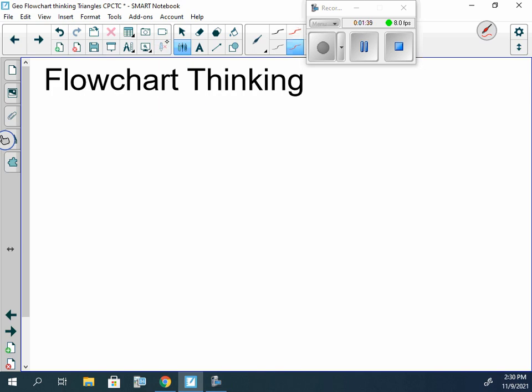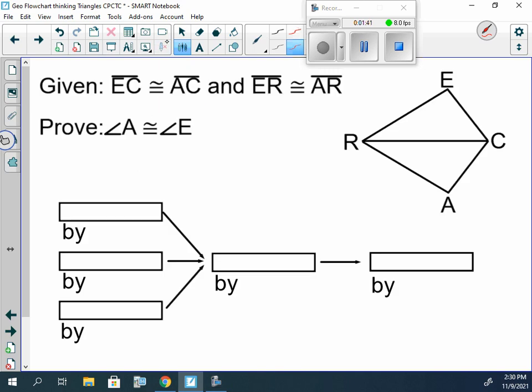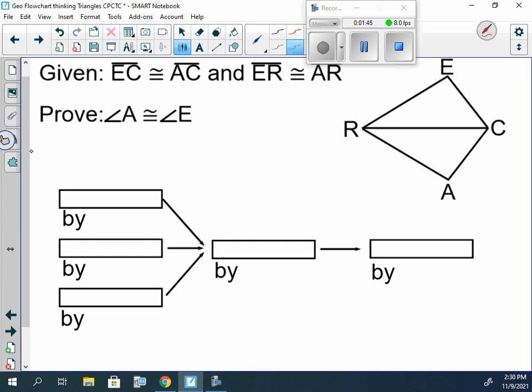Now what we're going to be doing is taking that and using flowchart proofs to show it. And really it's not going to be any different than what we did yesterday.